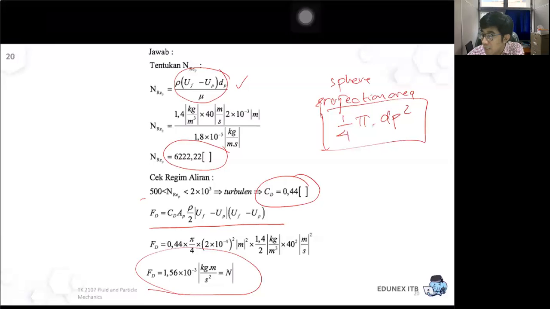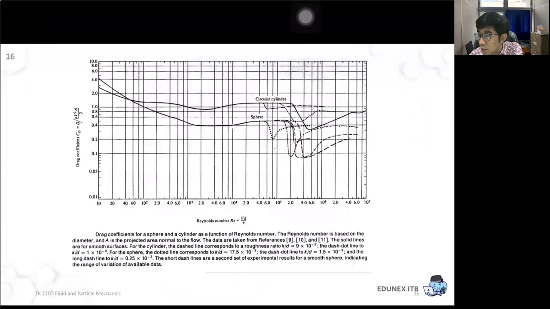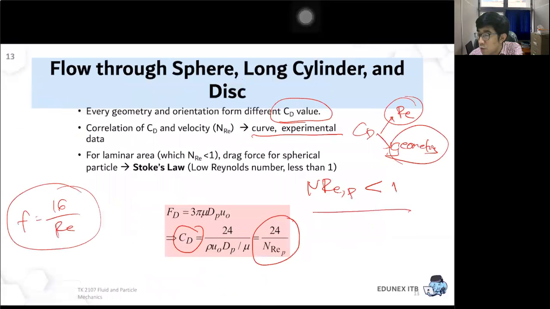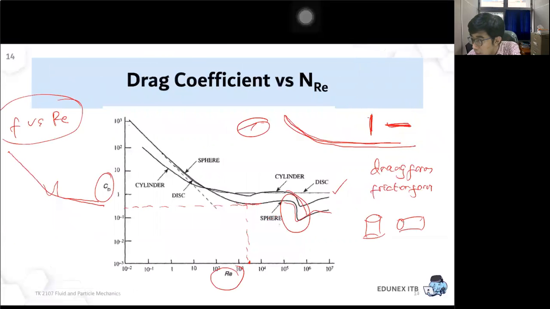Actually, in this area, it falls into a special category where the drag coefficient is constant, but for the sphere, the value is 0.4. Or if the Reynolds number is very low, less than 1, sometimes even less than 10.